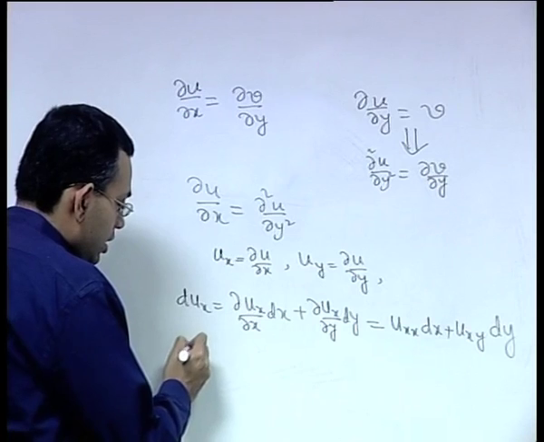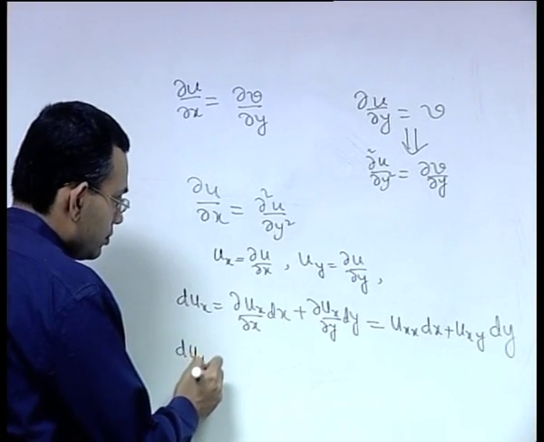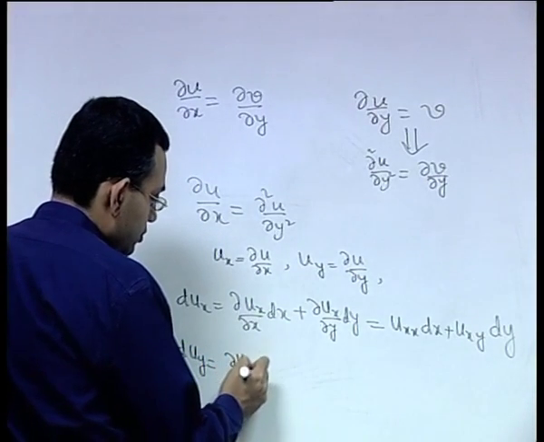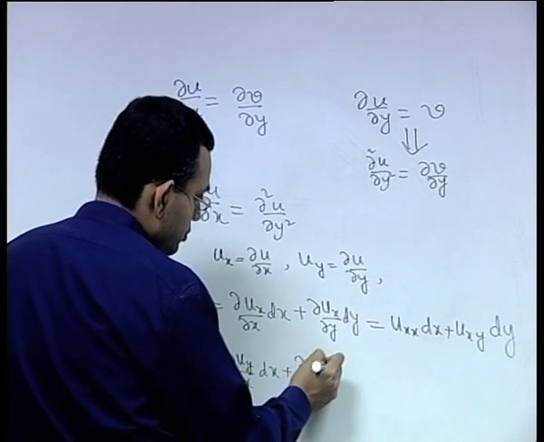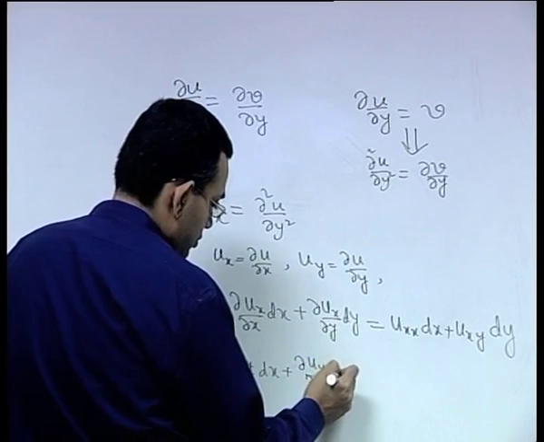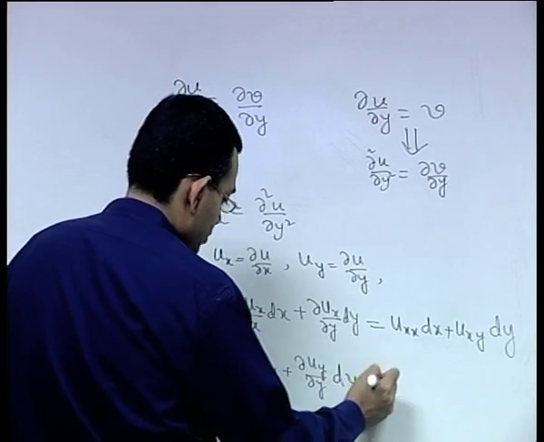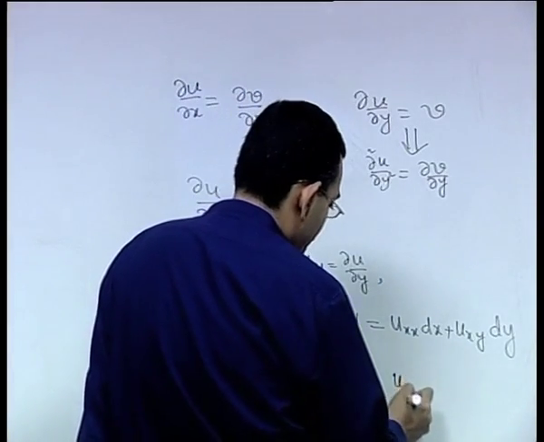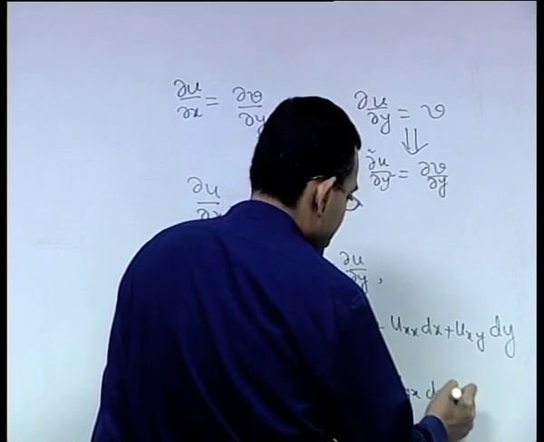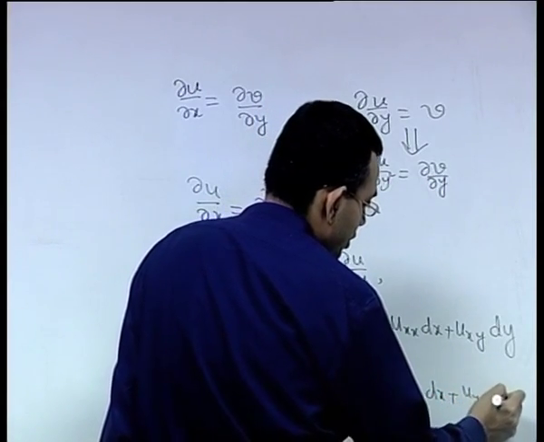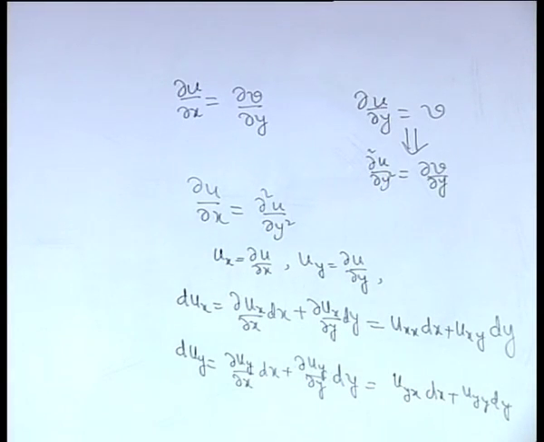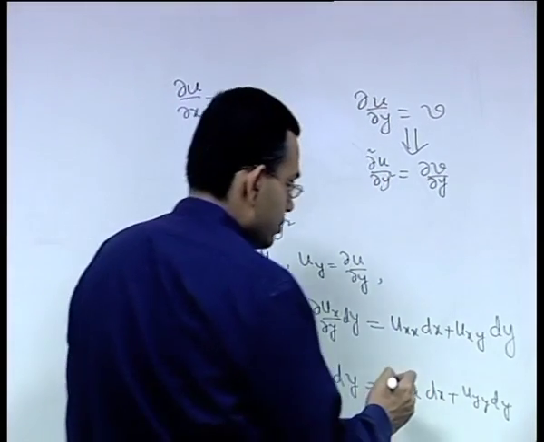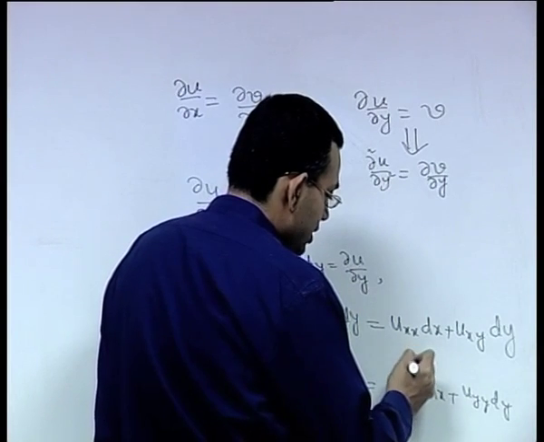Similarly, what is duy? So, uyx dx plus uyy dy. For continuity in the second order partial derivative, uyx is same as uxy.